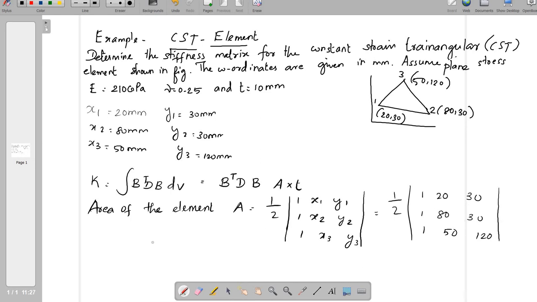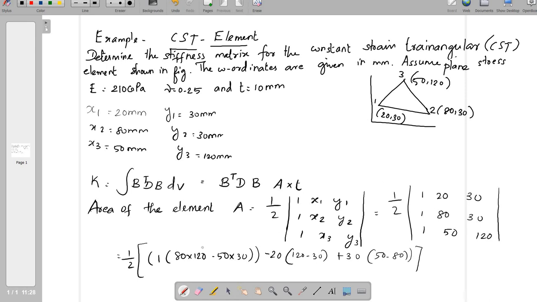So find the determinant of the matrix. Half into 1 into the cofactor: 80 into 120 minus 50 into 30. Next, minus 20 into the cofactor, eliminating this column and row: 120 minus 30. Then plus 30 into 50 minus 80.